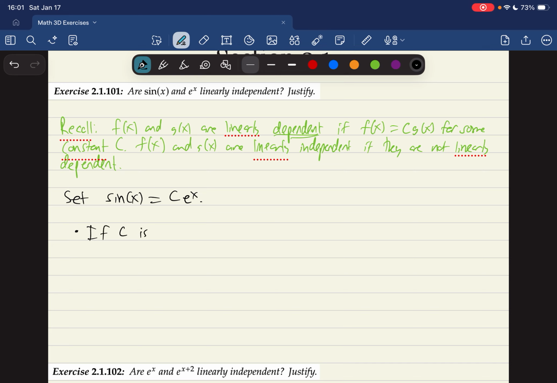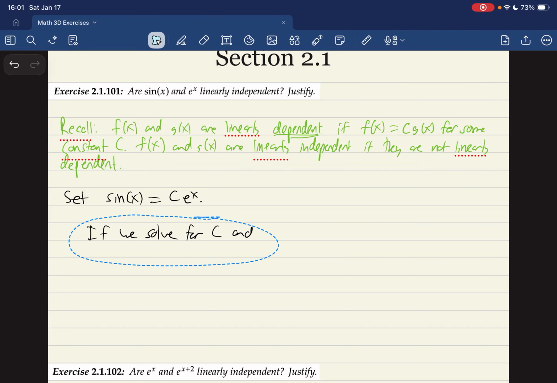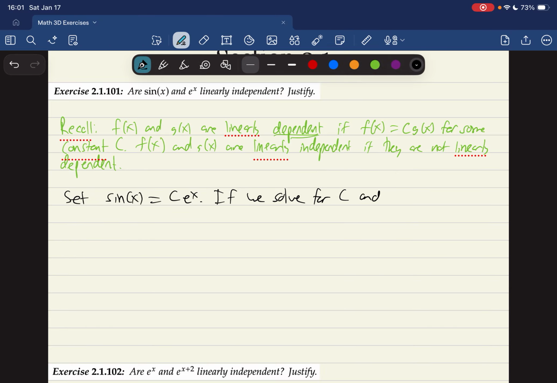If we solve for c and get a constant function, then these guys are going to be linearly dependent.